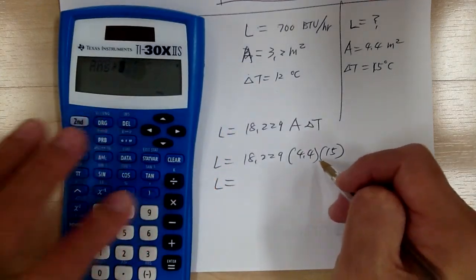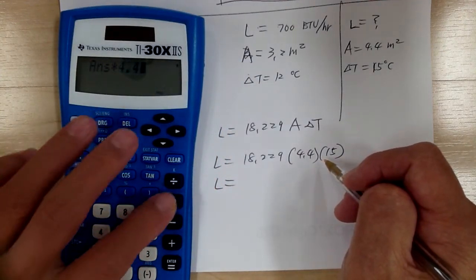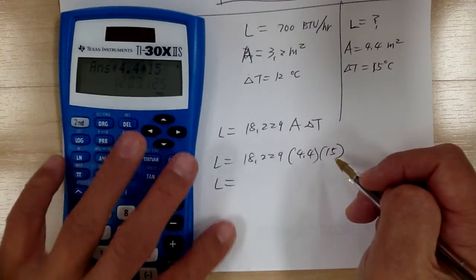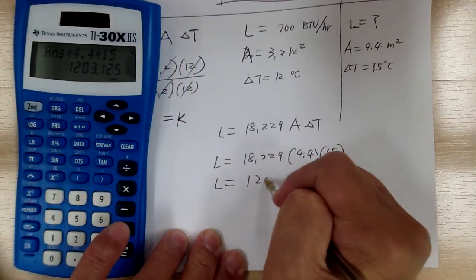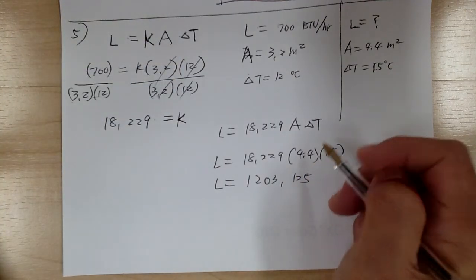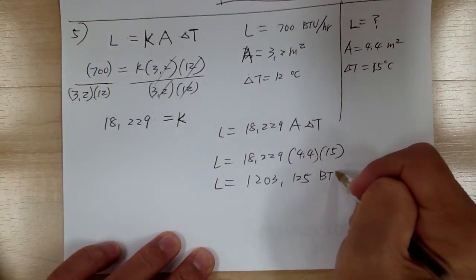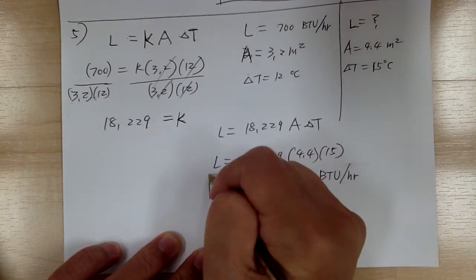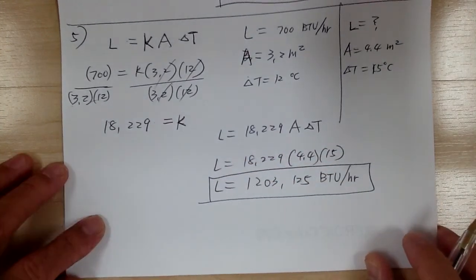Just multiply it by 4.4 times 15 and you're going to get 1203.125. Then after that you can round it off, or you can just leave it. BTU per hour. Okay, and that's it.